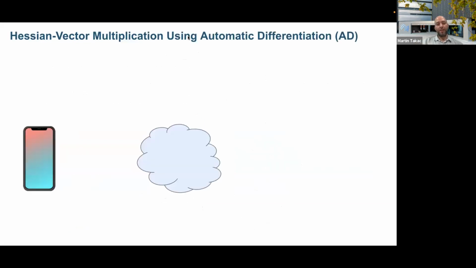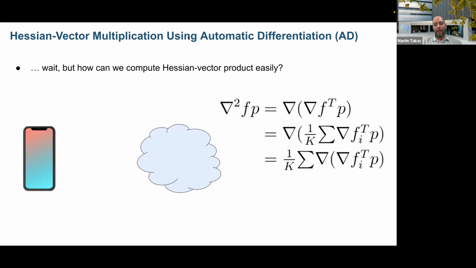But there's also a question I always get from students and some collaborators, and they always say that Hessian vector multiplication is very expensive because I need to first store the Hessian and then compute the Hessian vector product. It turns out it's not really true, because computation of the Hessian vector product is super cheap. Actually, the cost is the same as computation of the gradient. Why?